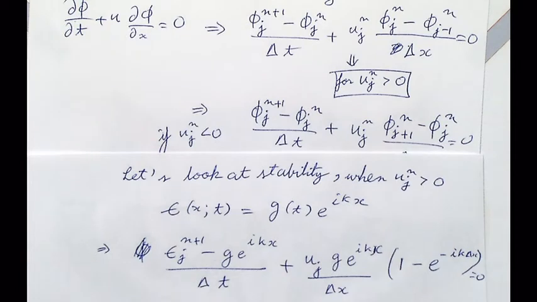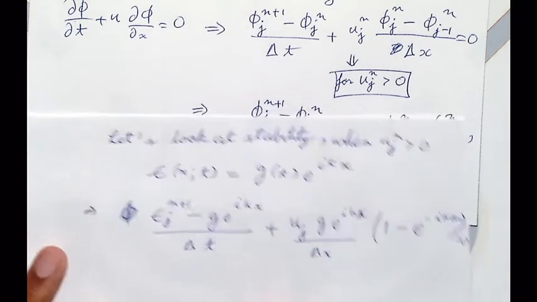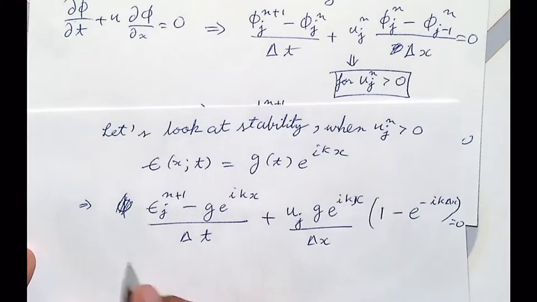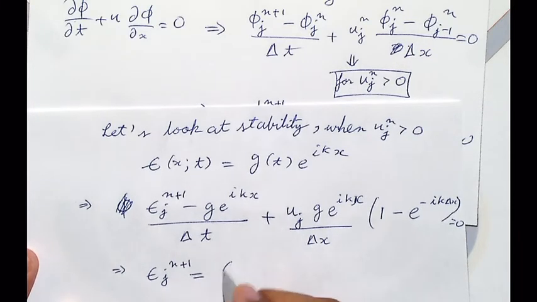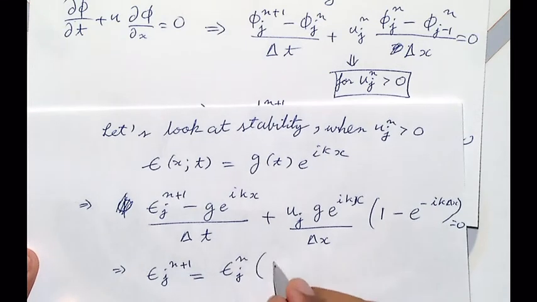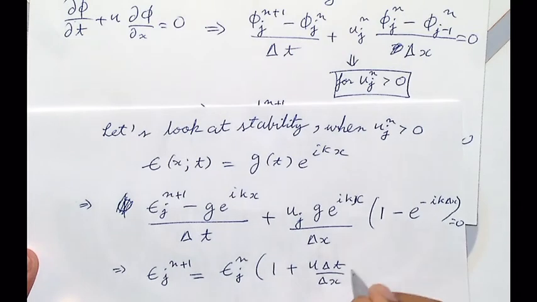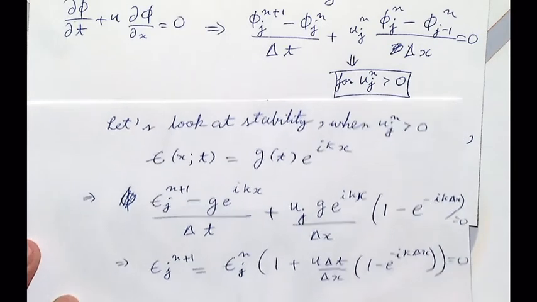I haven't done anything fancy. Again, we will move stuff. So epsilon j n plus 1 is equal to epsilon j n times 1 plus something with u delta t over delta x. I've just rearranged this.